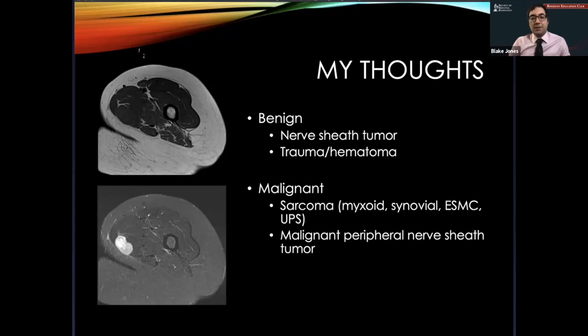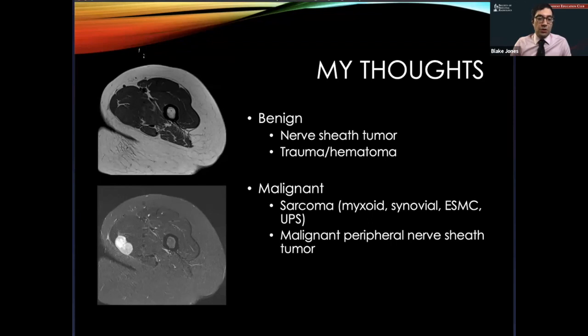So, my thoughts looking at this case basically echo most of the things that you said. Still just in a couple slices here, I don't think we've 100% gone one way, benign or malignant. In the benign category, definitely a nerve sheath tumor.